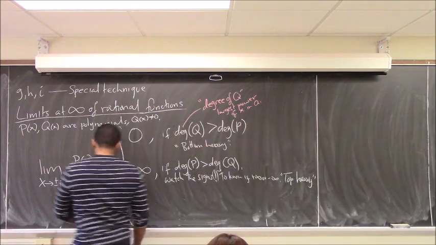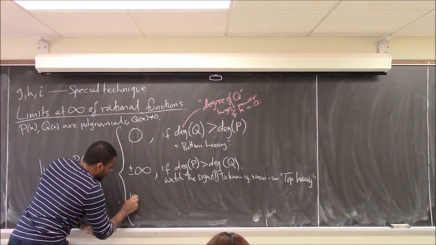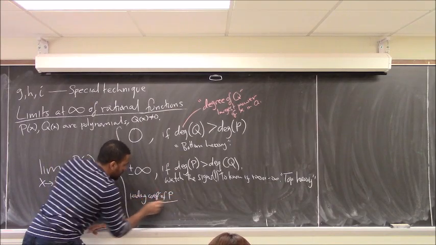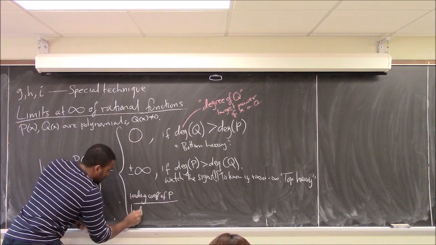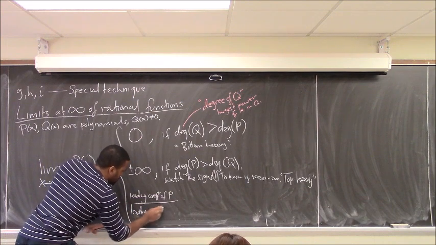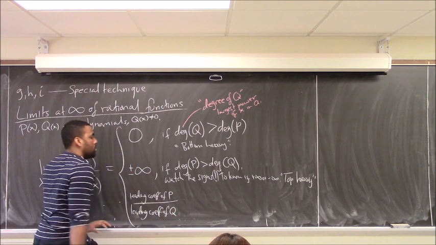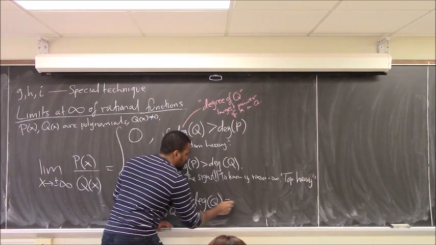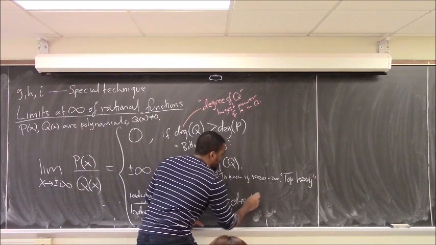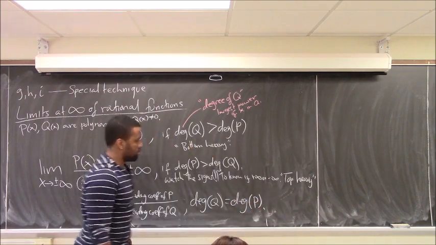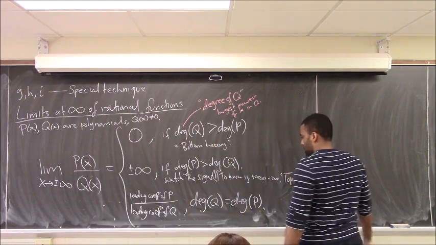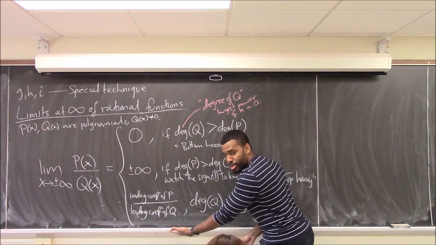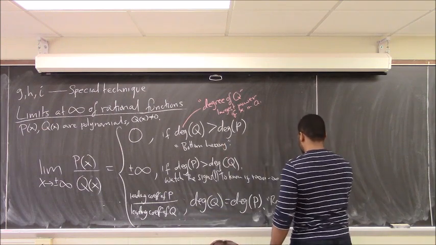And the last possibility is the leading coefficient of P divided by the leading coefficient of Q. This happens when the highest powers are the same. I might refer to such a scenario as the ratio of leading coefficients, because you literally take a ratio of the leading coefficients.